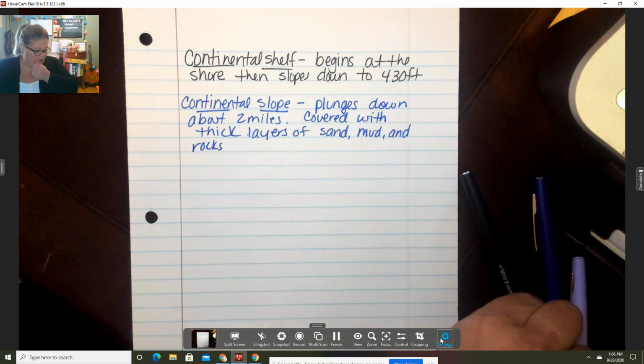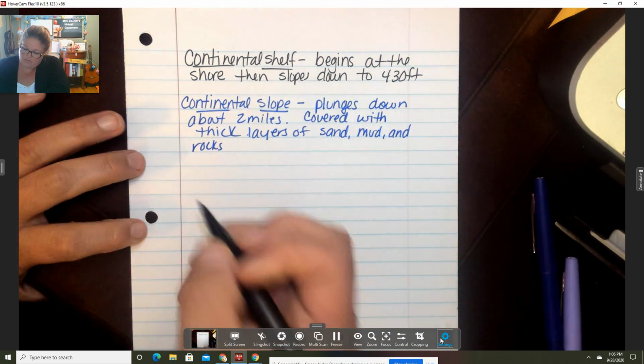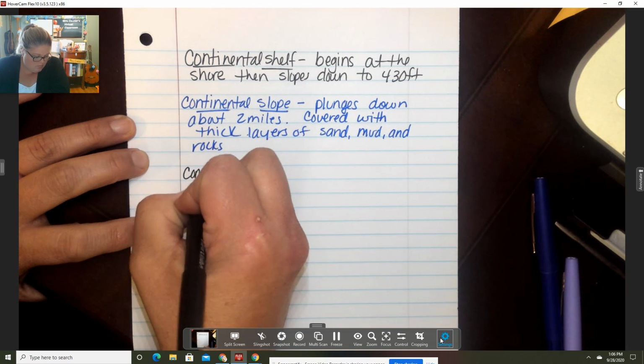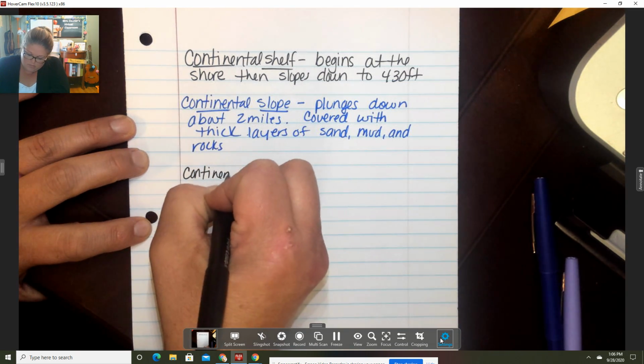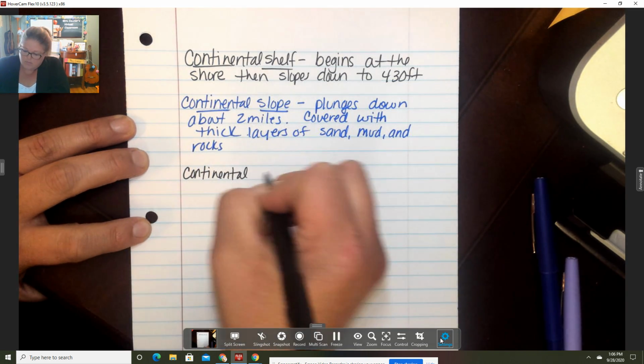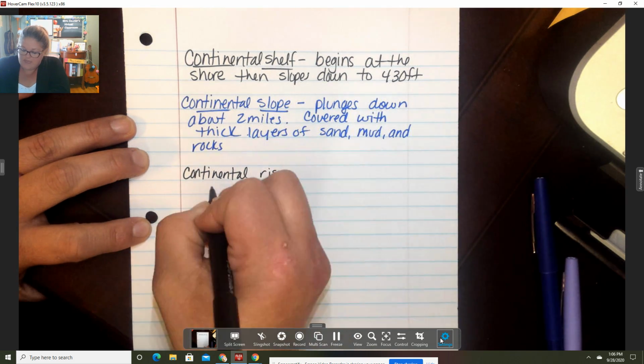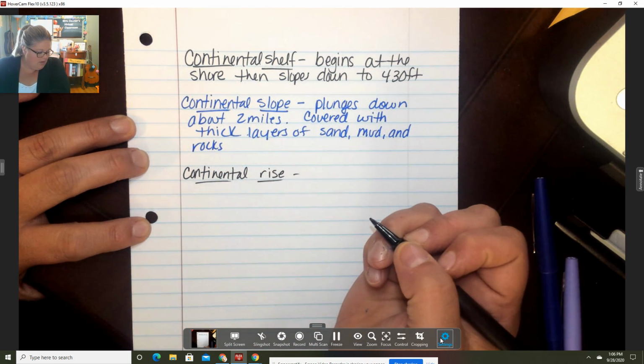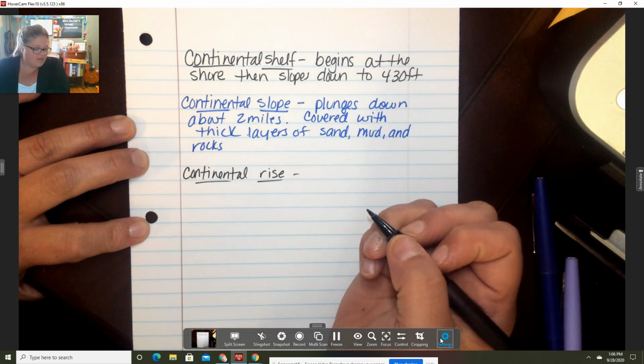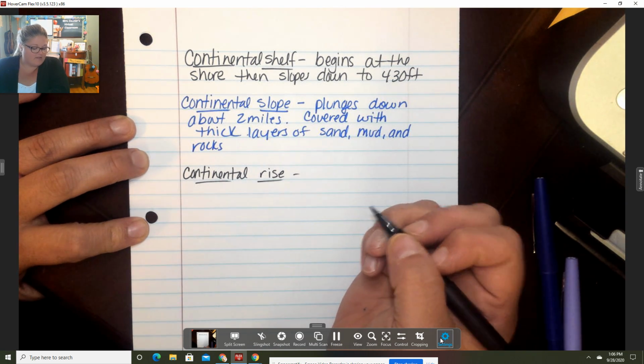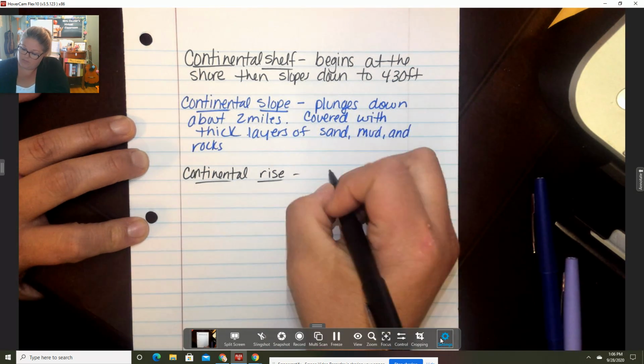All right, now we have the continental rise. These pins are very squeaky. Okay, so this is the sloping area that connects to the abyssal plain.